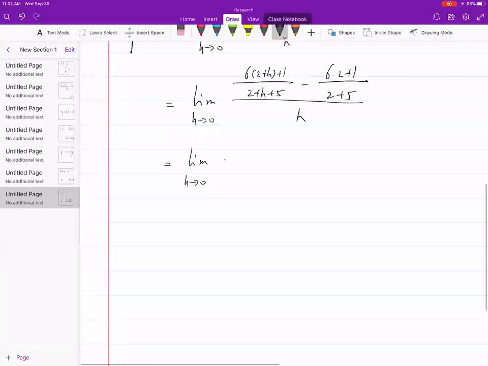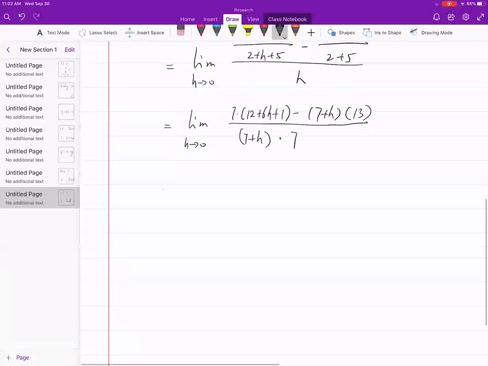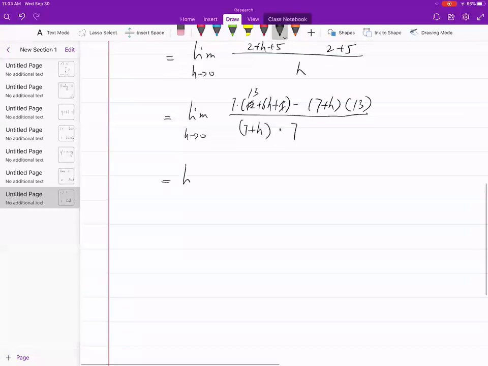Be patient. This is going to be a little bit long, but not too much. 7 plus h times 7, then 7 times 12 plus 6h plus 1 minus 7 plus h times 13. Okay, this is actually 13 because we have 12 plus 1. Now limit as h goes to 0.